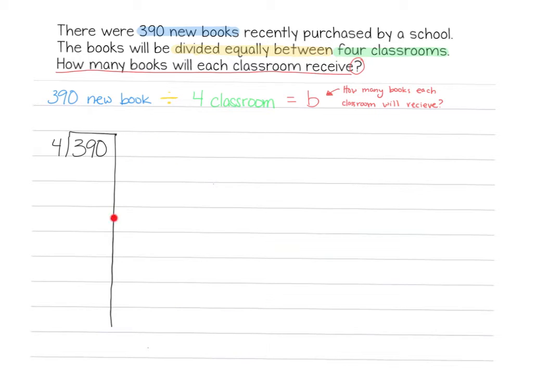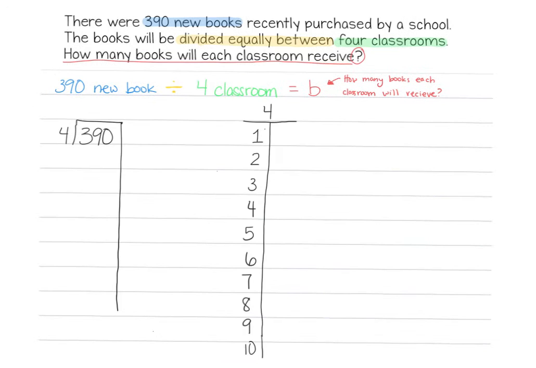So leave some space here because that's where we're going to figure out how many books will each classroom receive. And then in the middle of your page, go ahead and make your T-chart to skip count by 4s. Go ahead and pause the video and skip count by 4s.